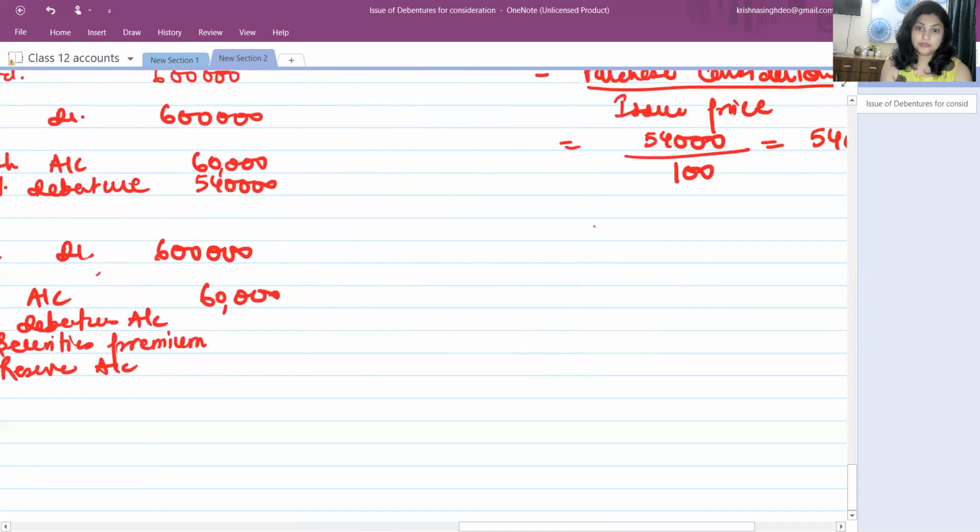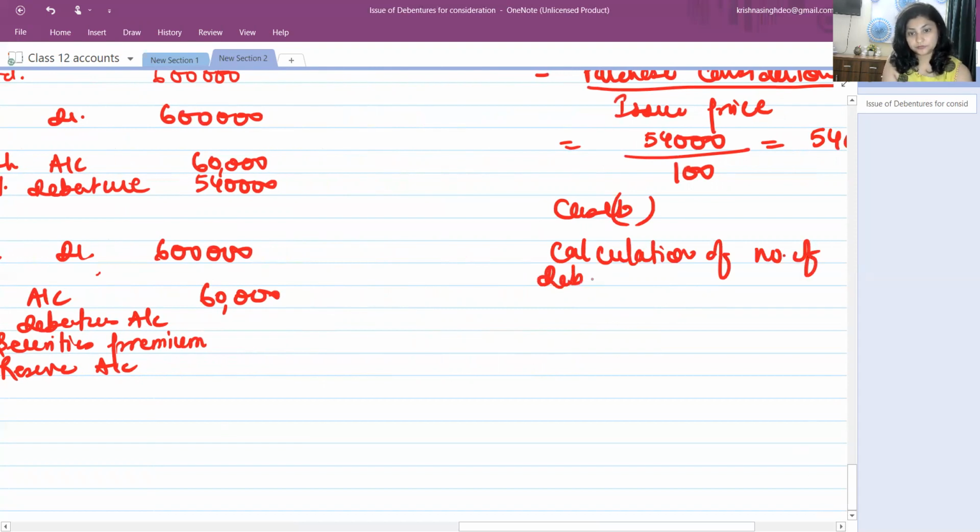And here the number of debentures, though the question has already given us, we will still take it out once. So case B, calculation of number of debentures. This is purchase consideration divided by issue price.